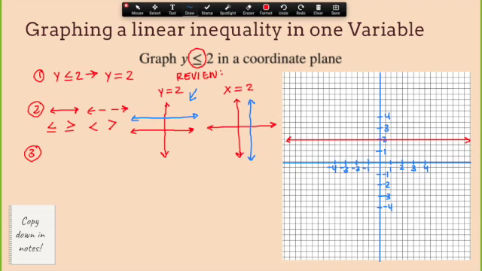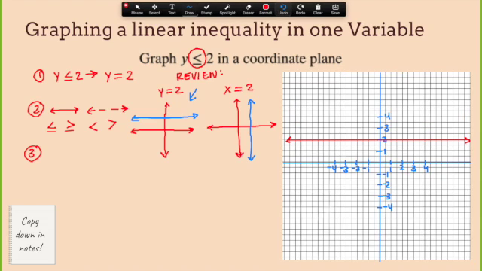And so the last step is to identify where the shaded region is. Now, I want to pick a point that's not on this line, but somewhere around it, and somewhere where it's kind of obvious to me that I'm either looking at the bottom of this line or the top of this line.